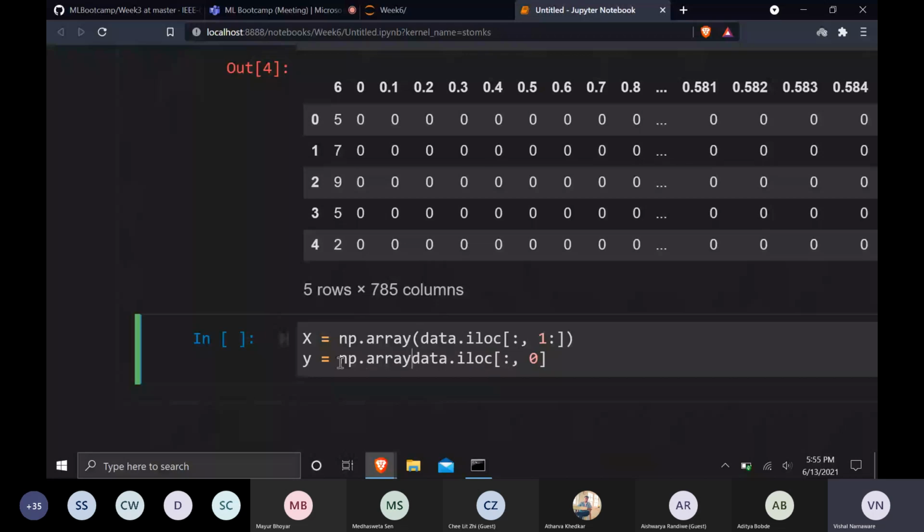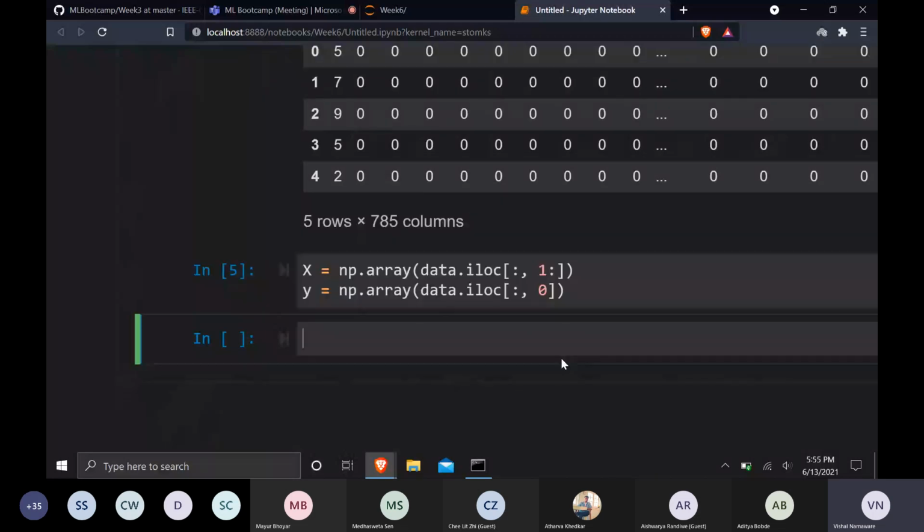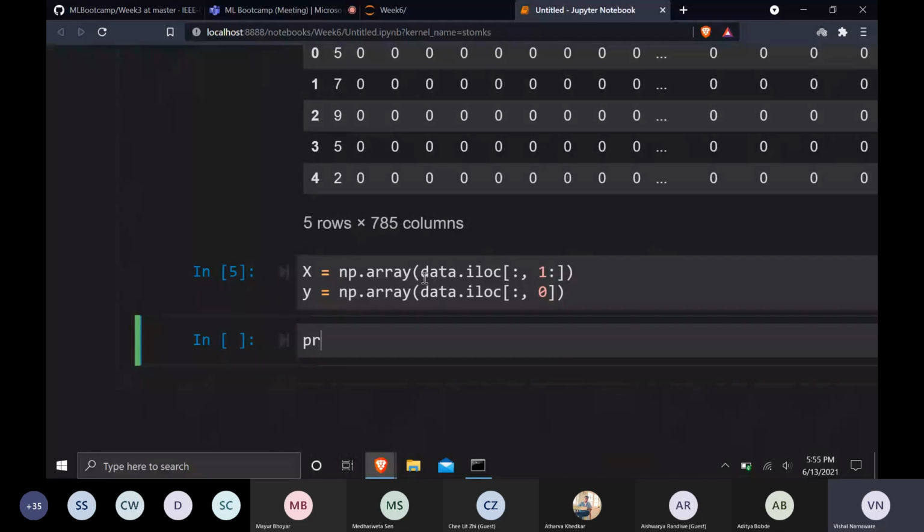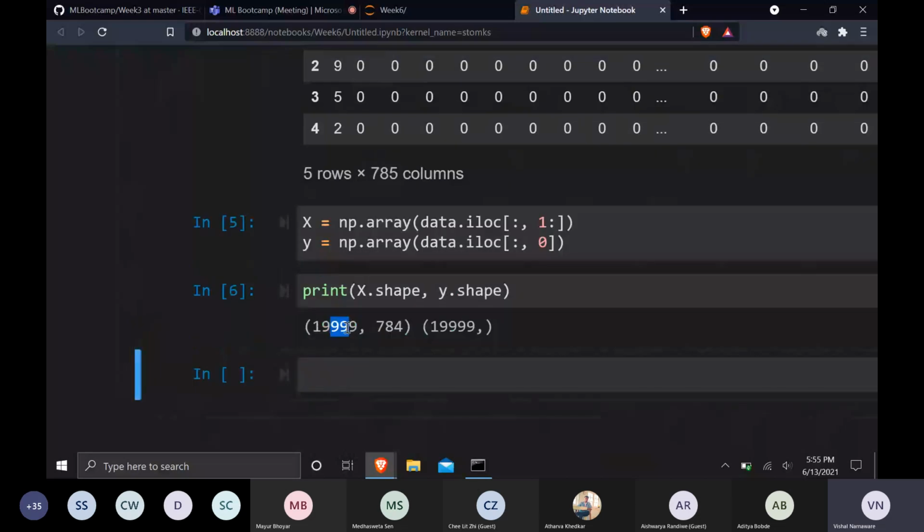We are just going to see the shape of these x and y. X.shape, there are no parentheses here. Y.shape, and yeah, you'll have almost 20,000 rows, examples, and you'd have 784 features.